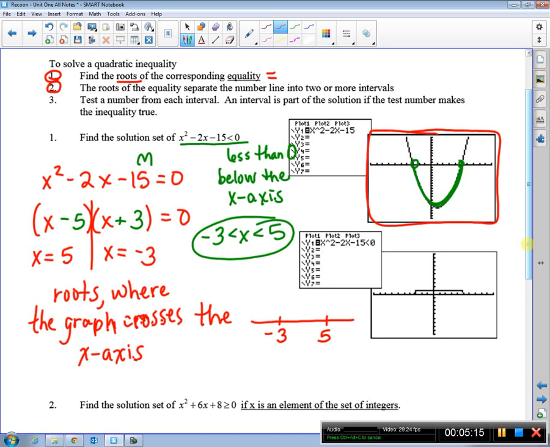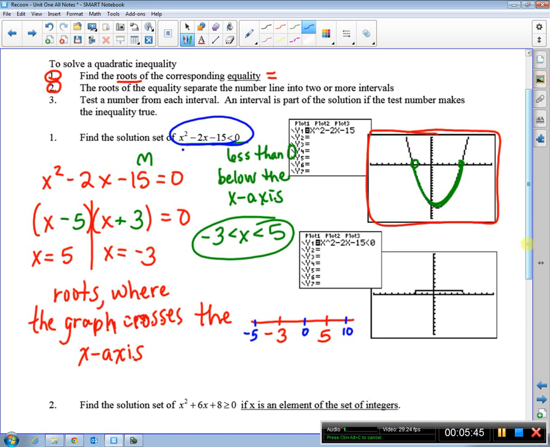And if you get a true statement, then that part of the interval is shaded. And if you get false, that is not shaded. So if I look at a number line and I try maybe 0 in here and 10 out here and -5 out here. If I try these numbers in my original problem to see if they're true, then I can tell where to shade. So let's try 0.